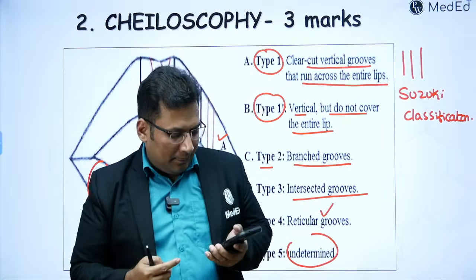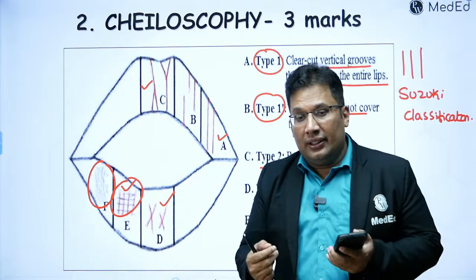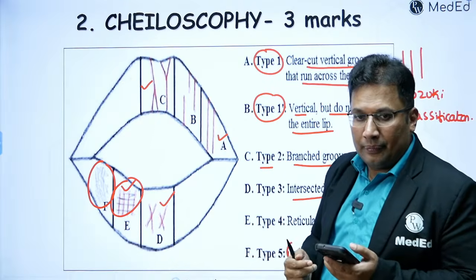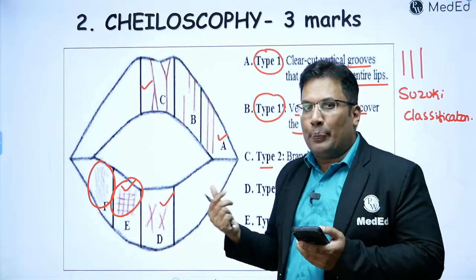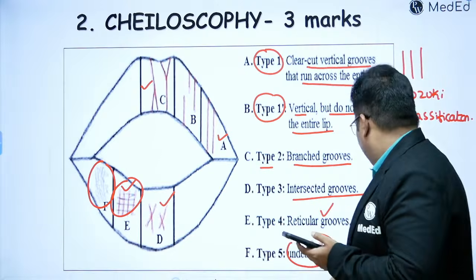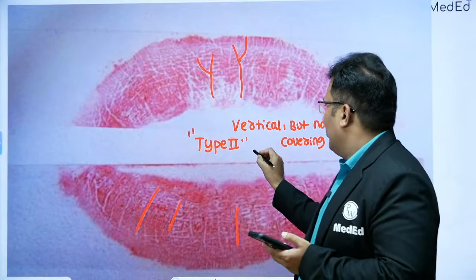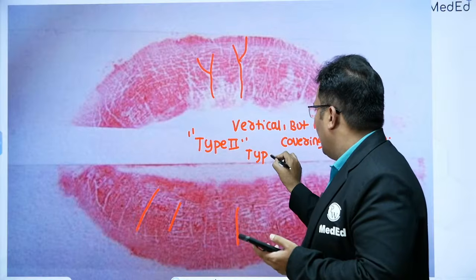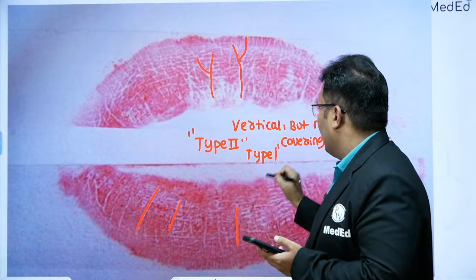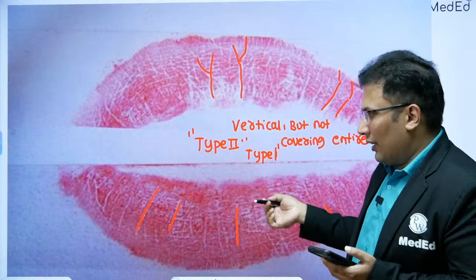Any doubt? Yeah, type 1 prime basically. Yeah, it is type 1 prime. So it is not type 2, it is type 1 prime. Mohammed Ansari, yes. It is basically type 1 prime as well as type 2 here.